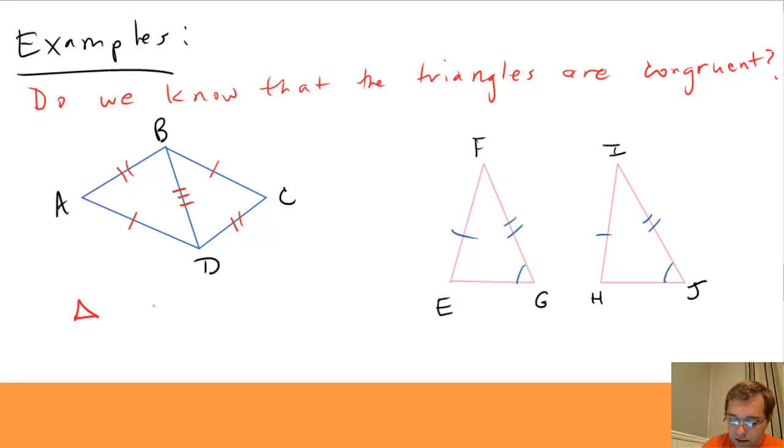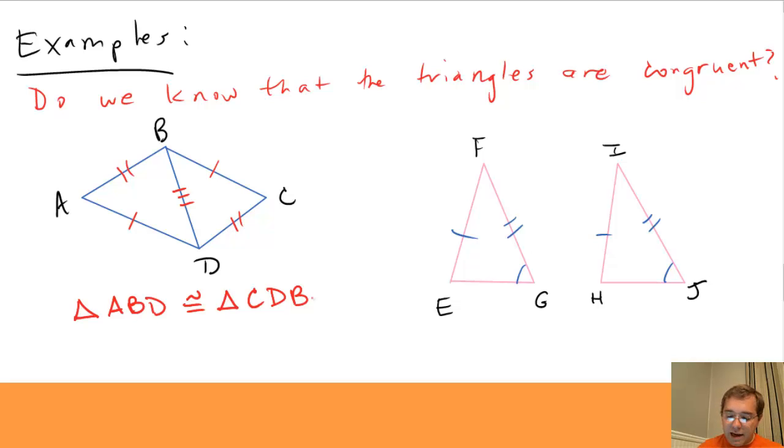And we can say triangle ABD is congruent to triangle. What corresponds with A? It looks like it's C. What corresponds with B? It's going to be D in this triangle on the right. And D in the triangle on the left corresponds with point B in the triangle on the right. The triangle ABD is congruent to triangle CDB.